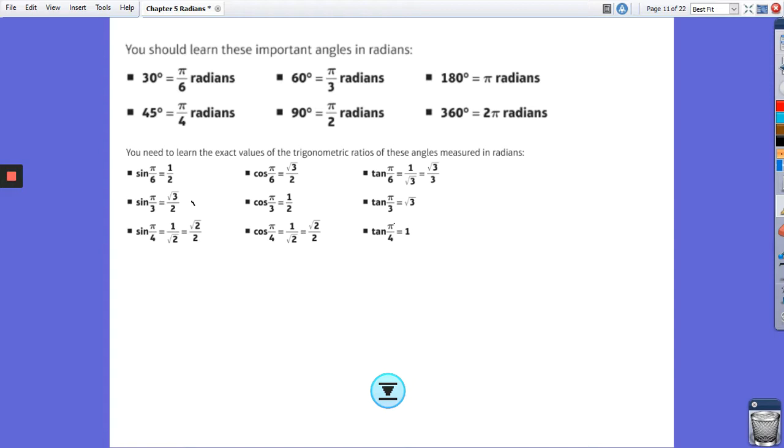And you know that tan 45 is 1. So if you know that 45 degrees is the same as pi over 4, then tan of pi over 4 is 1. So we get these exact values here for trig functions.